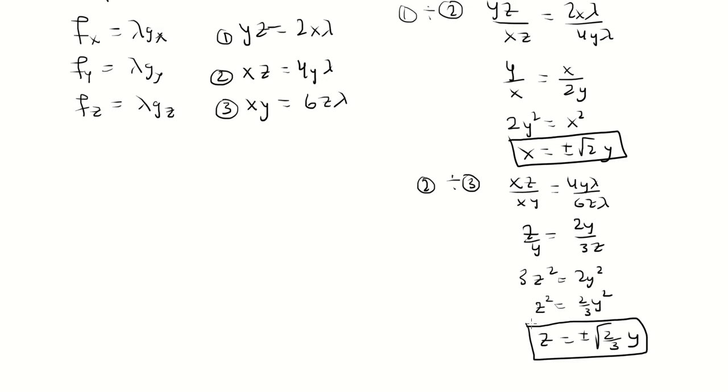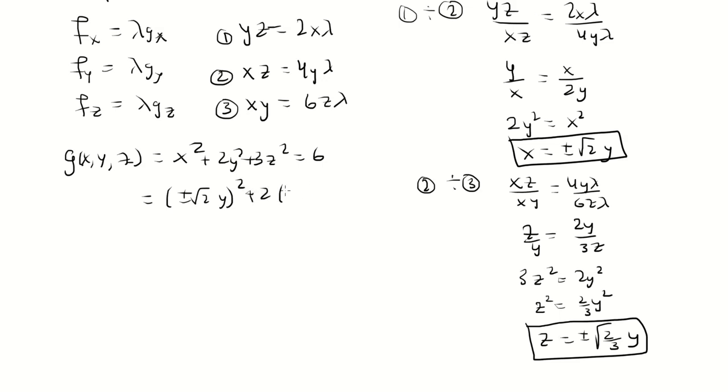So then I can plug it into my constraint, which we said was x² + 2y² + 3z² = 6. So that's plus or minus root 2 times y, squared, plus 2y², and then z is just plus or minus root 2 over 3 times y.